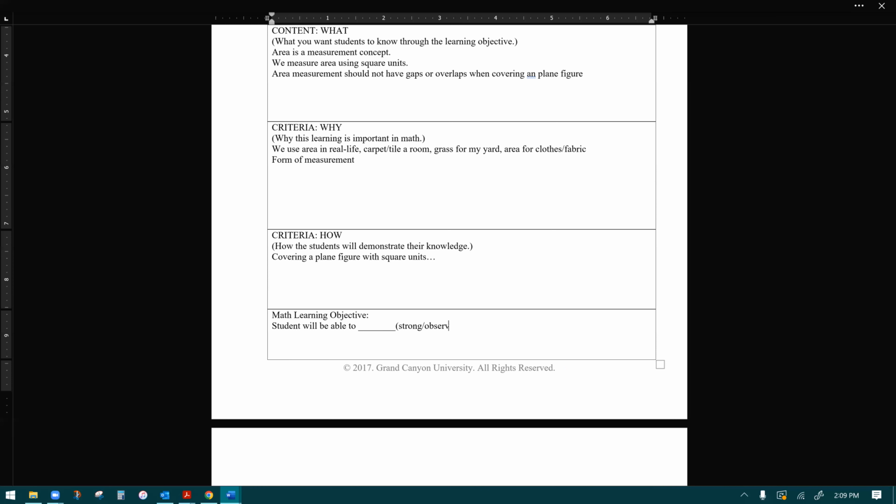Strong, observable verb. That's what I mean by strong. I can see it happening. I can go, oh yes. Understand is something I cannot see happening. But if they can, let's see, determine the area of a plane figure using tile squares.